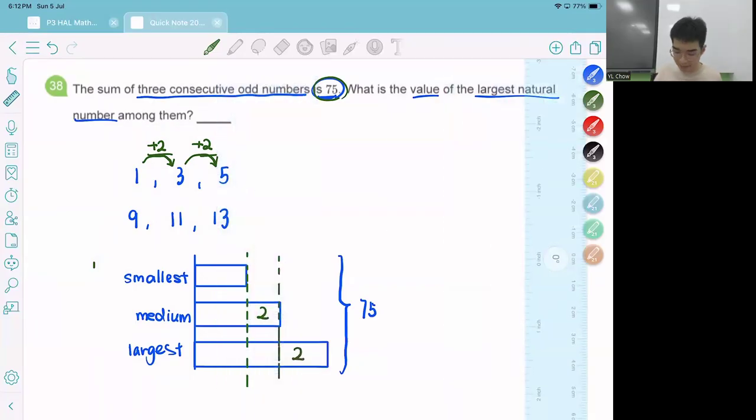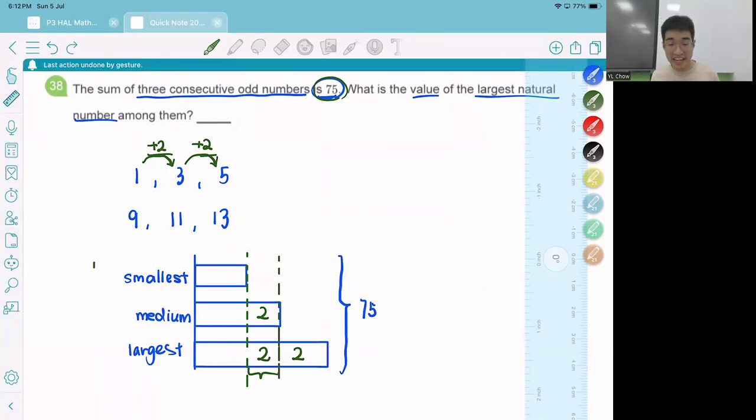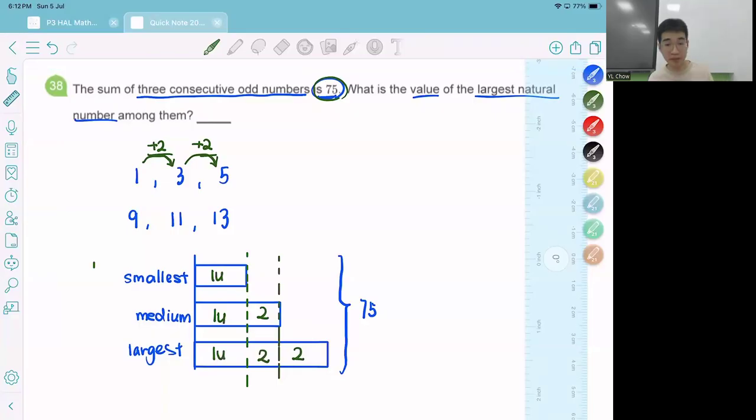And then what about this part? This part is also a 2. You see? So from the smallest to the medium number, I plus 2. From the medium to the largest number, I plus 2 again. And then once you handle the extra part, you will realize that these three parts are the same. It's your 1 unit, 1 unit, 1 unit. Now, all you need to do is to find out 1 unit using the relationship in the model.